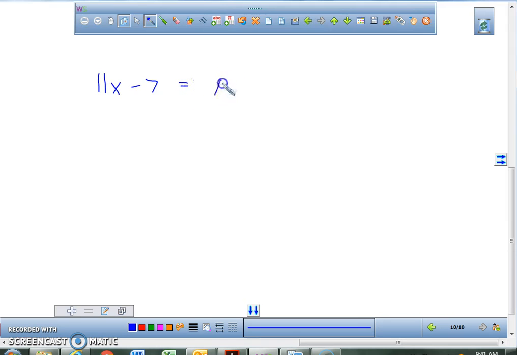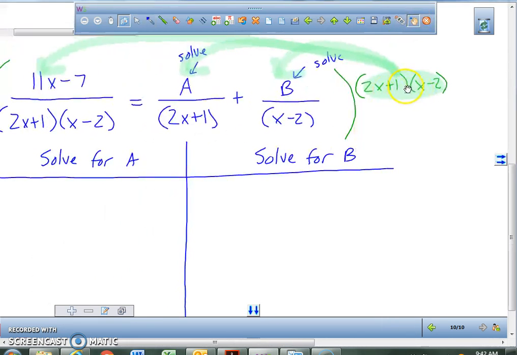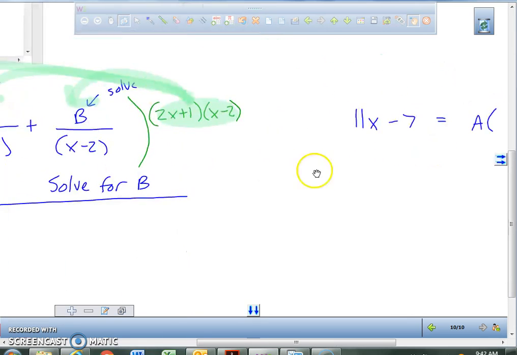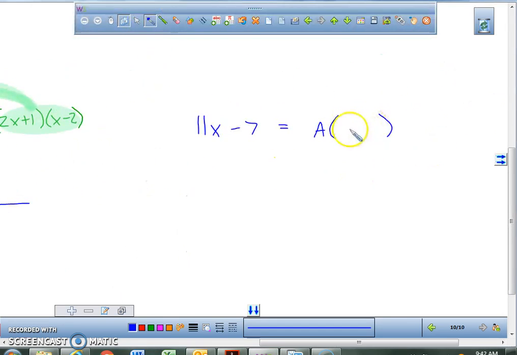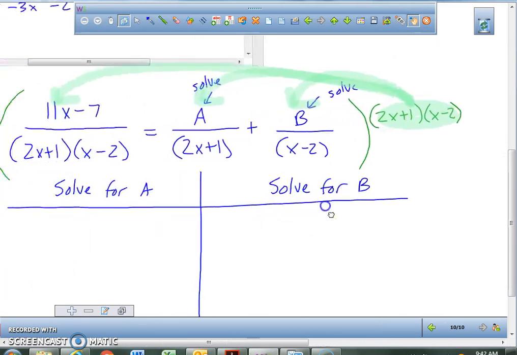Okay? Then I know I'm going to have an A. You slide over here. When I take this right here and I multiply it to A, what's going to end up canceling out? The 2x plus 1. So this 2x plus 1 will cancel out this 2x plus 1. What do we have left? We have an x minus 2. So here I'm going to write, I'm going to have an x minus 2 left, plus B, let's slide over.